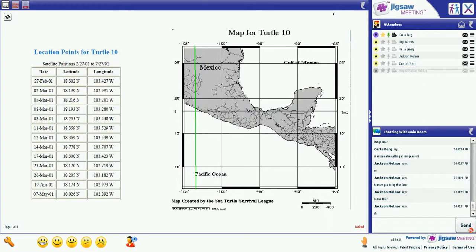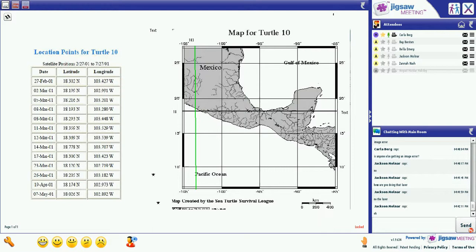Now remember, these are just estimates. They're not exact. So for our first point, we need to plot 18.302 and 103.427.